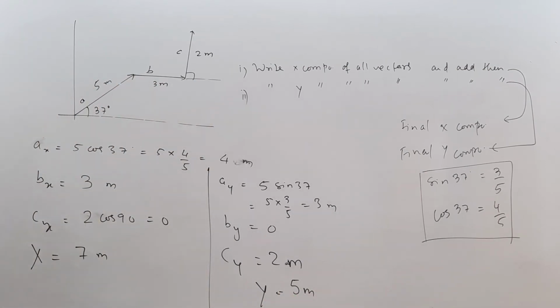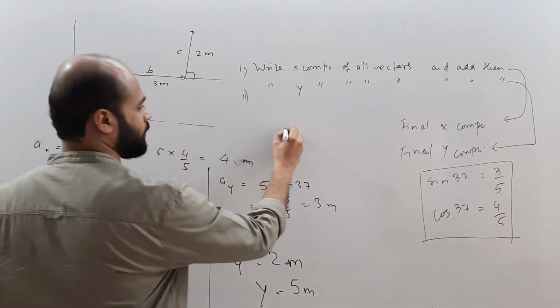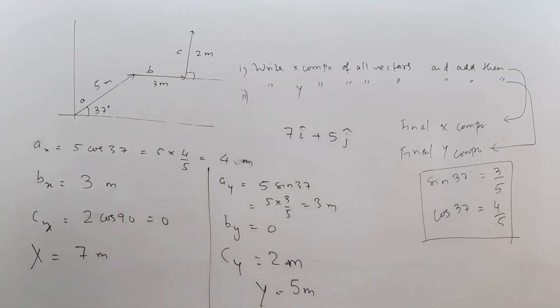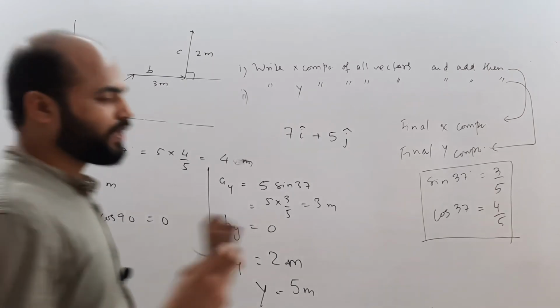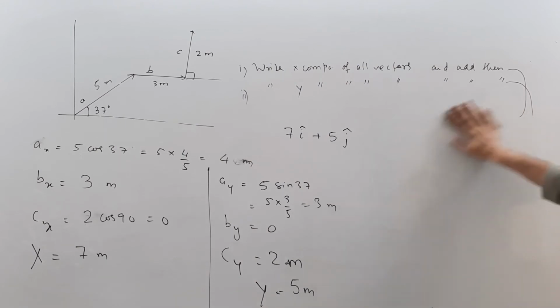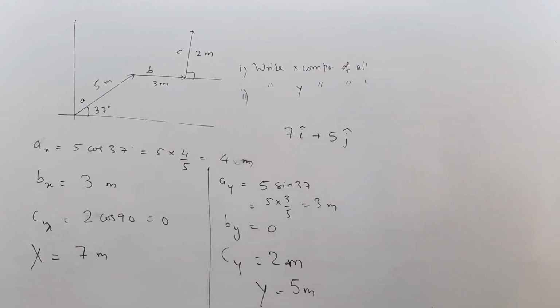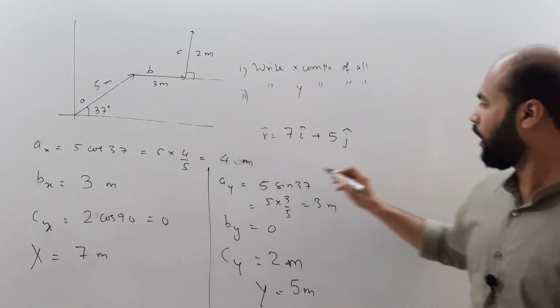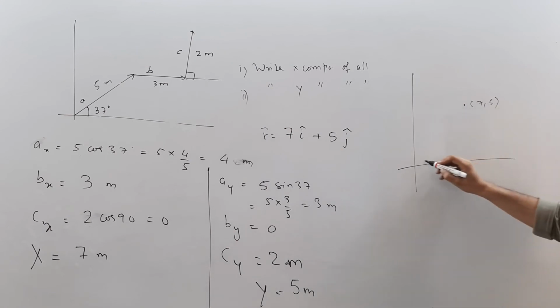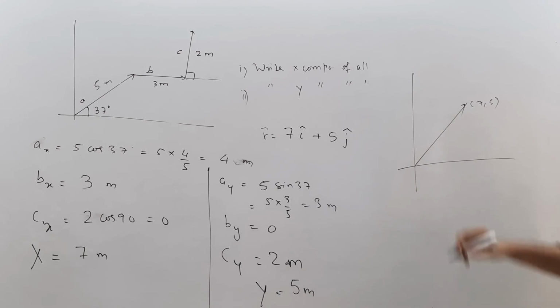So now the resultant vector of these 3 vectors is going to be 7i cap plus 5j cap. And thus now we are in a position to find out the displacement of this person who was traveling in some direction. So finally, if this is our r bar, then on the xy plane it can be represented with the point 7, 5 and this is that vector.